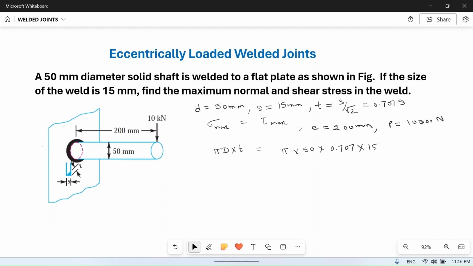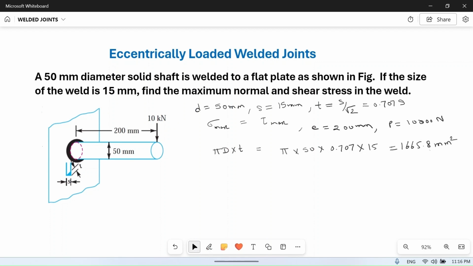If you calculate pi into 50 into 0.707 into 15, it will be 1665.8 mm square. This is the area of the circular fillet weld.